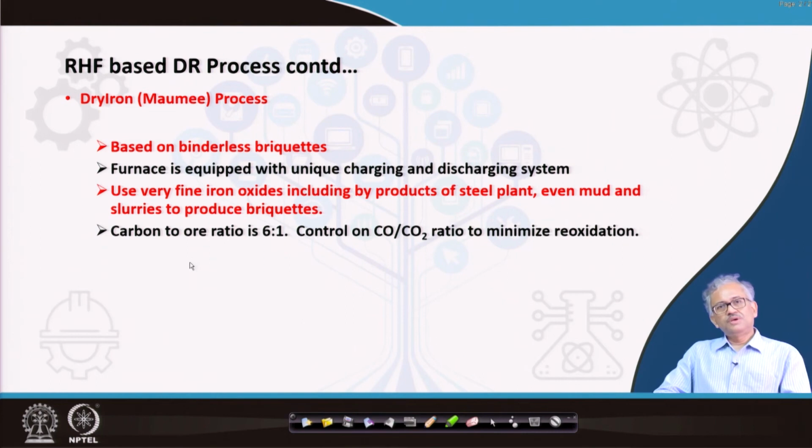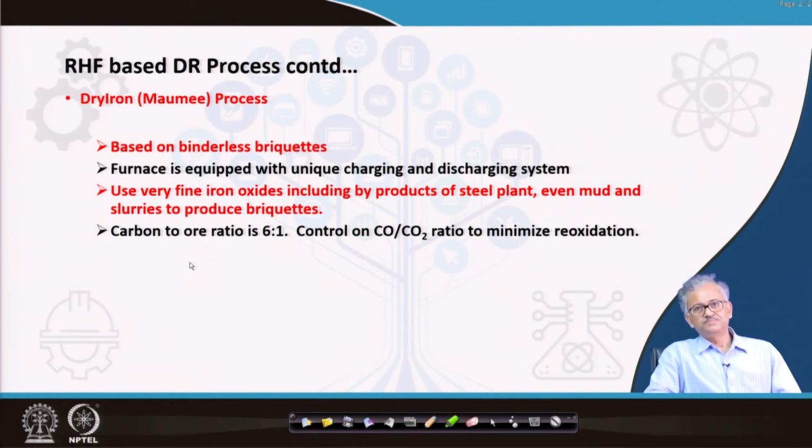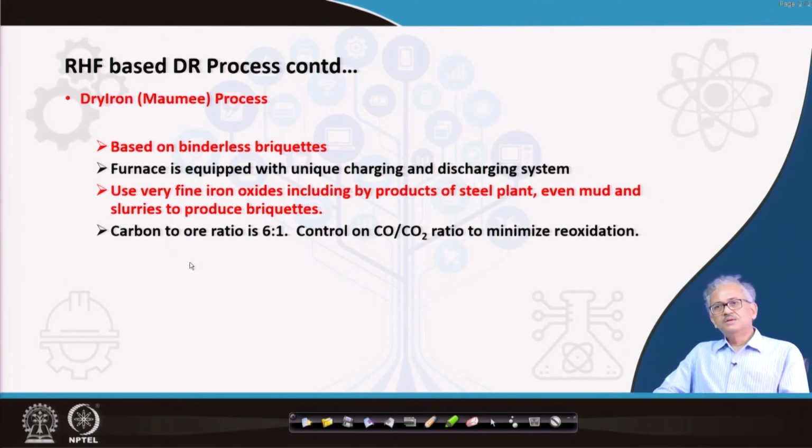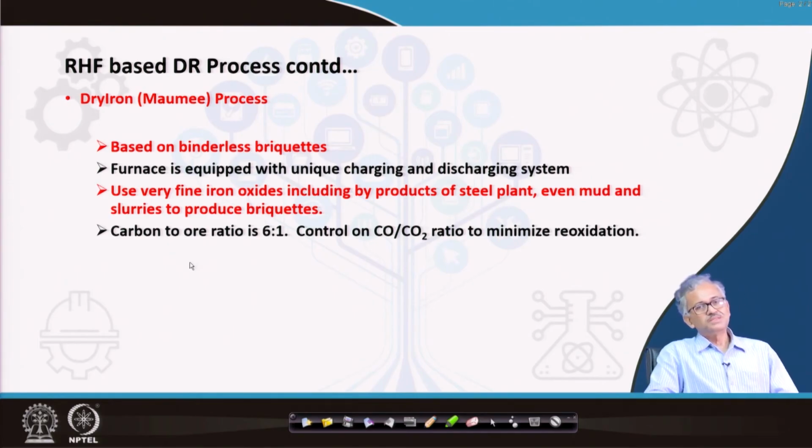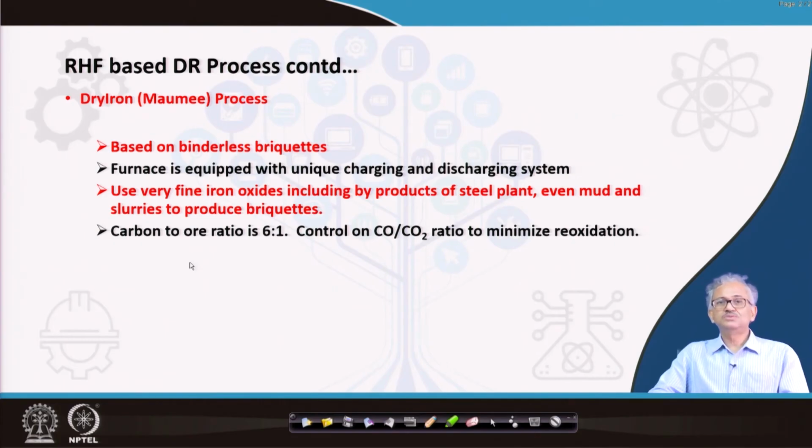So, if you have some metallic iron and you want to restrict its oxidation, then you have to maintain at least 70% CO in the furnace atmosphere. Otherwise, if the CO percentage goes below 70%, then it will be oxidizing and it can reoxidize the metallized iron.